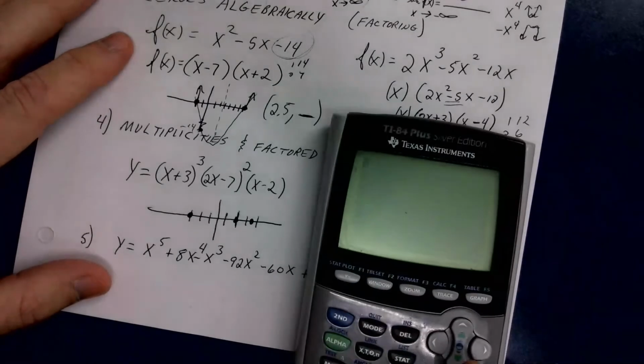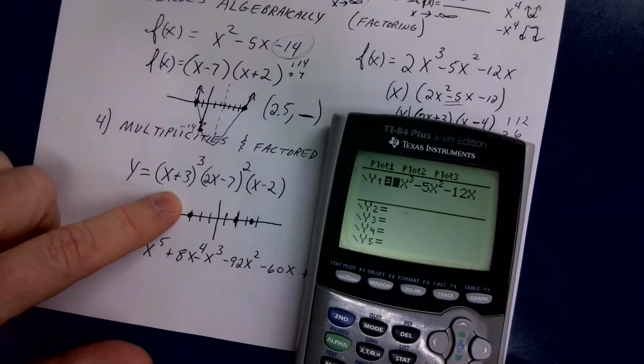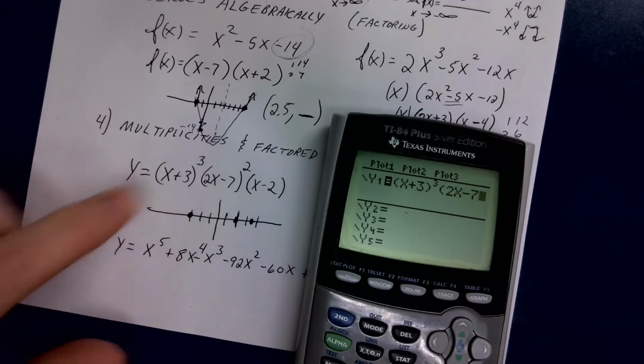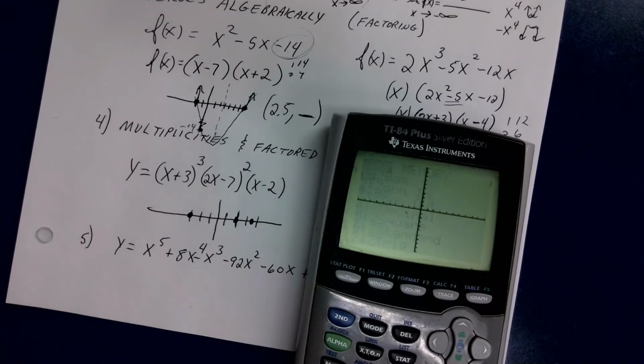First off, let's go ahead and get a picture here. Y equals, clear. So parentheses x plus 3 parentheses raised to the third power, and parentheses 2x minus 7, raised to the second power, and then parentheses x minus 2, close parentheses, zoom 6.